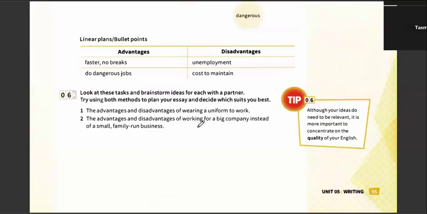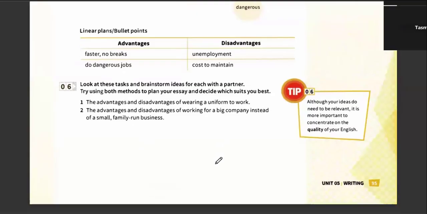Tasmia, do one thing because you're writing it down, right? It will be easier for me to look at it and correct it. So you write it down and after the class, you click the picture and send it to me on WhatsApp. I'll check it there, okay? Okay. So you complete it now, no problem.